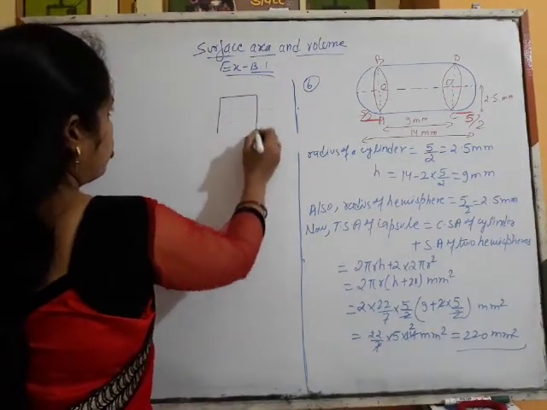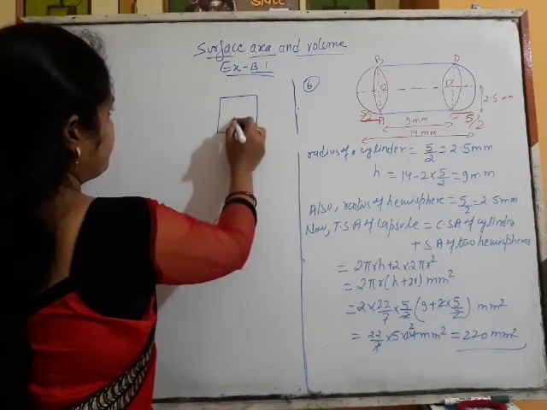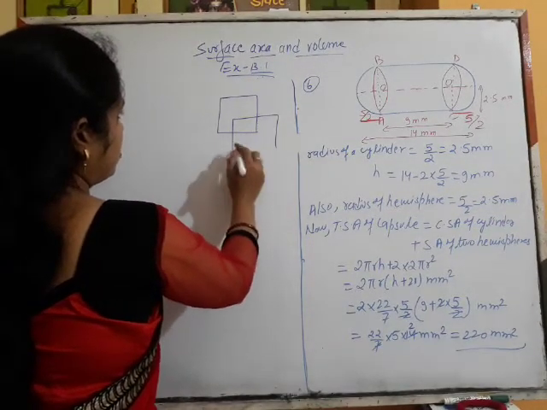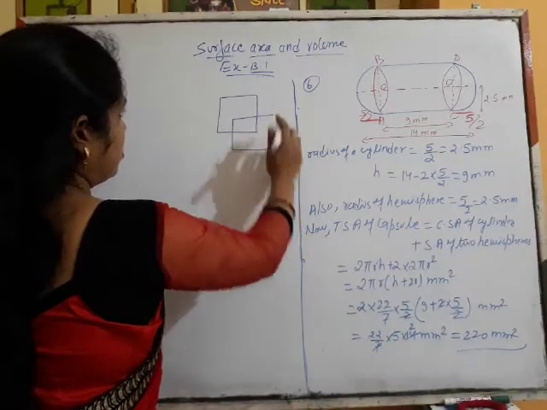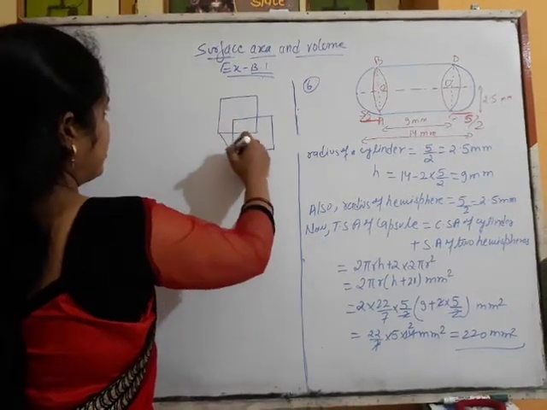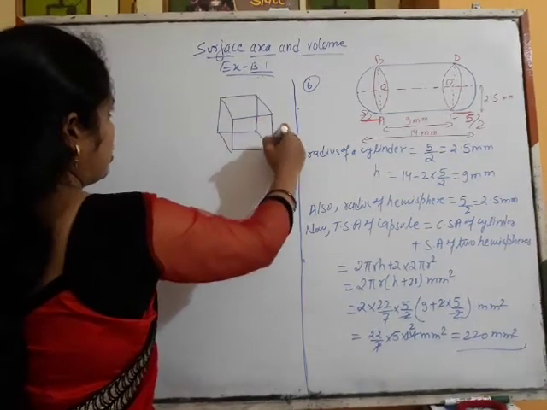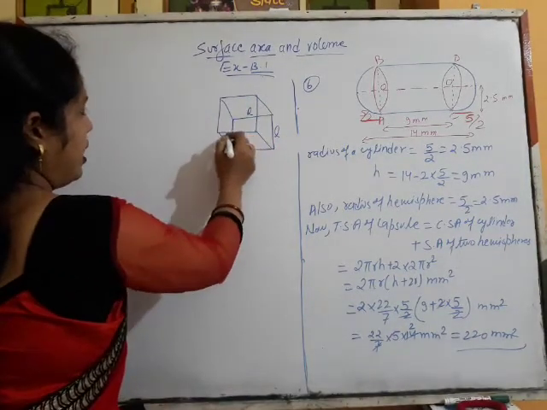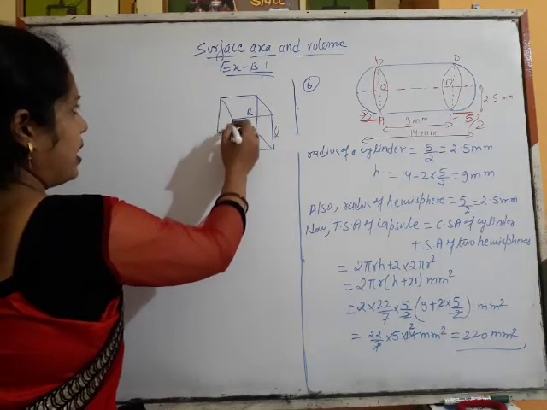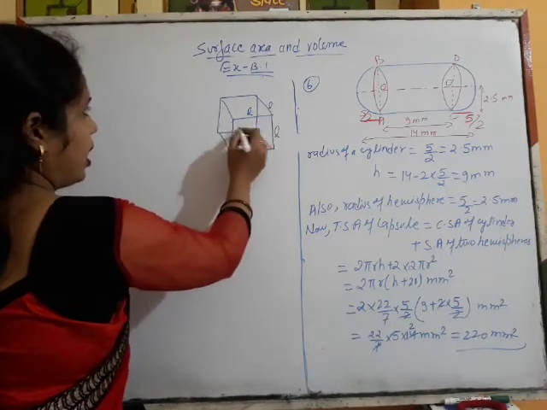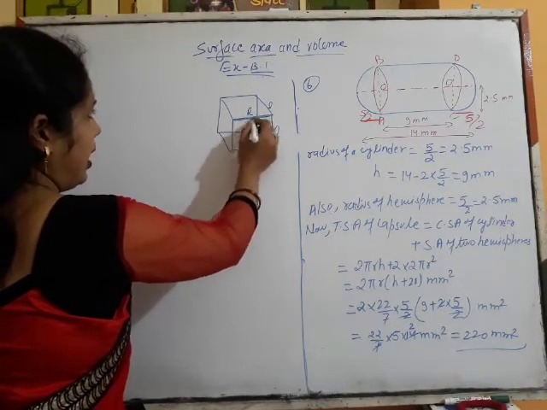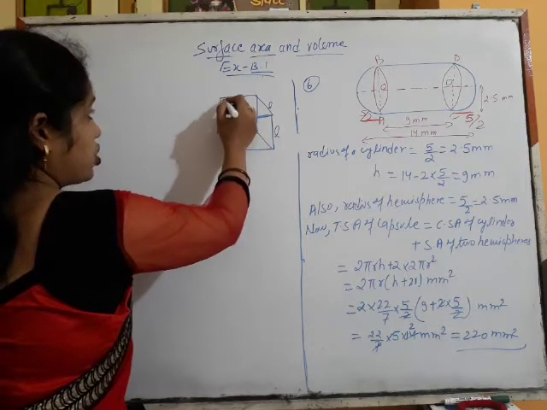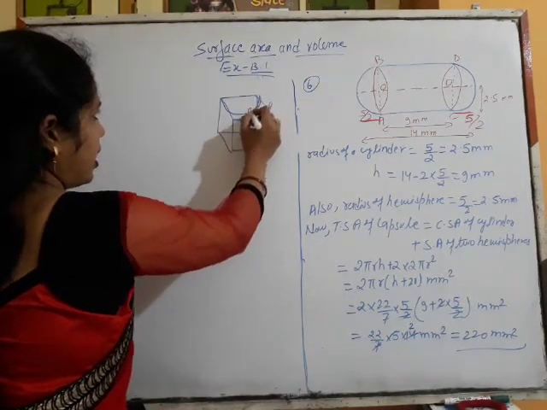Yes, if we take a cube over here, like this. So these all are the edges whose value is L. So this is also L. Length will be L, breadth will be L, height will be L, everything will be L. So from this, a hemisphere has been cut out.